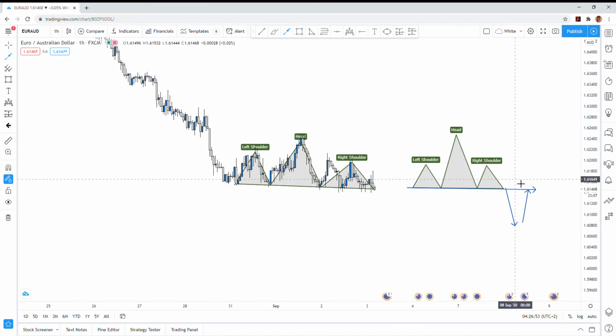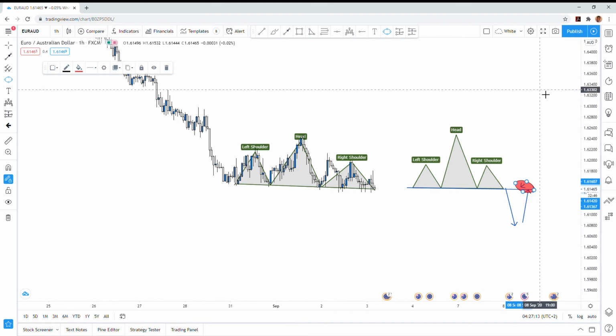So normally I wait for price action confirmation at this zone, at the neckline.